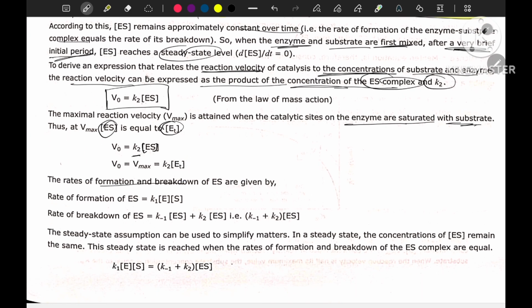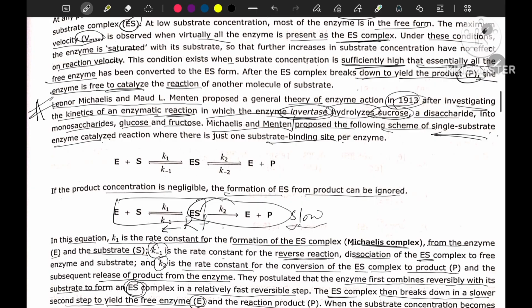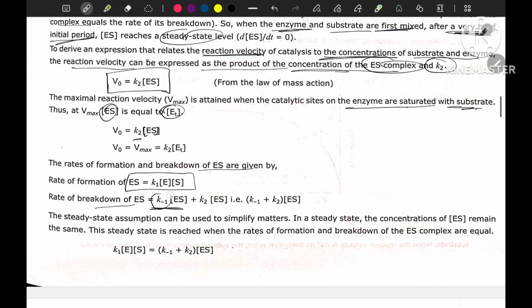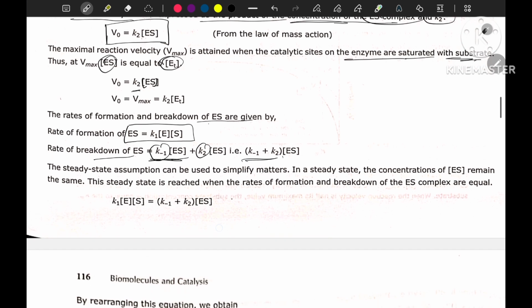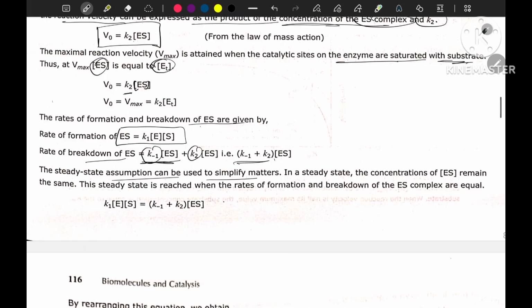The rates of formation and breakdown of ES are given by: the rate of formation of ES is this, and the rate of breakdown of ES is this, taking both K minus 1 [ES] and K2 [ES]. The steady state assumption can be used to simplify matters.